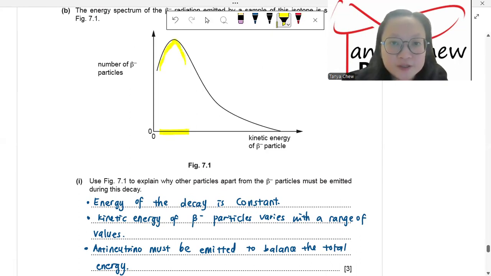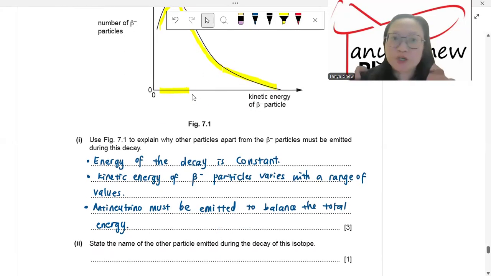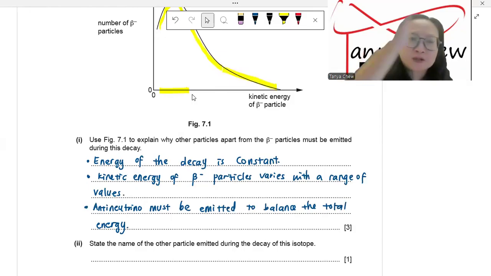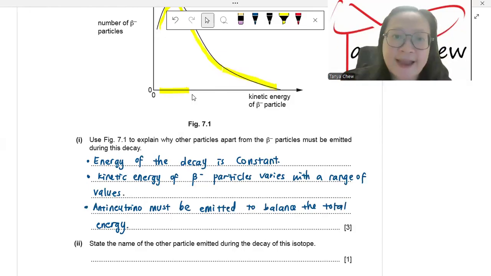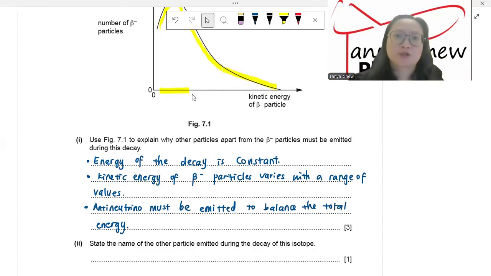Could you see that the kinetic energy is different? But the energy of the decay must always be constant. But the kinetic energy of the beta particle emitted during this decay varies with a range of values. So that is why there must be another particle, which I call an antineutrino, also emitted during this decay, so as to conserve the total energy of the decay.